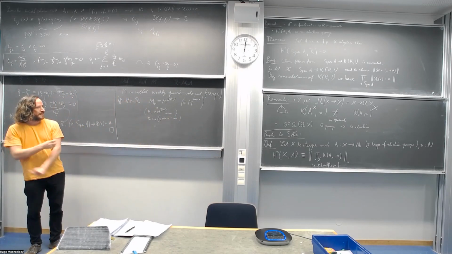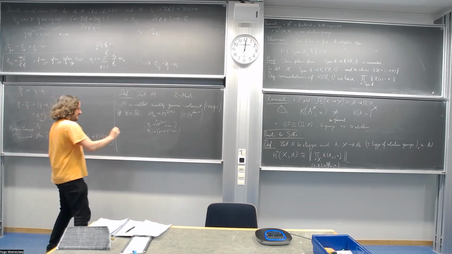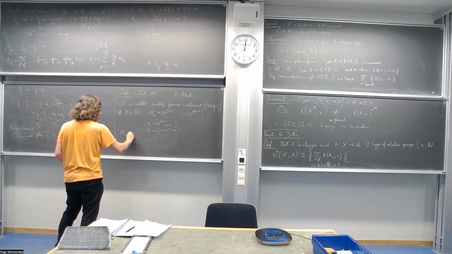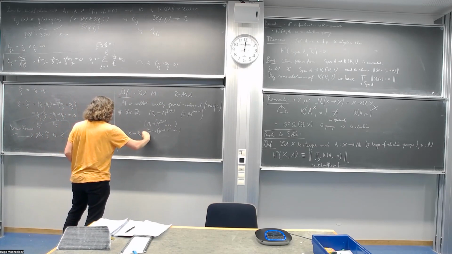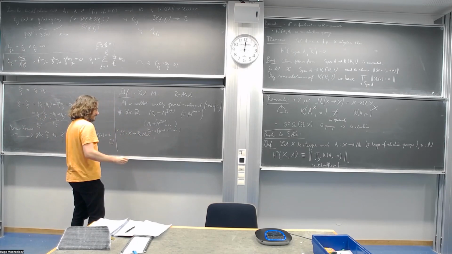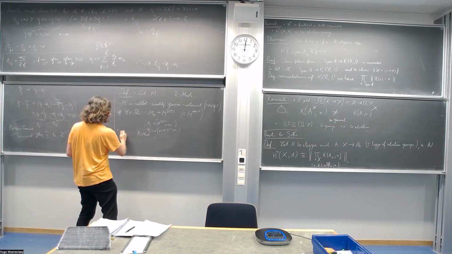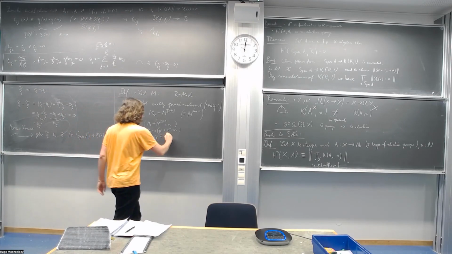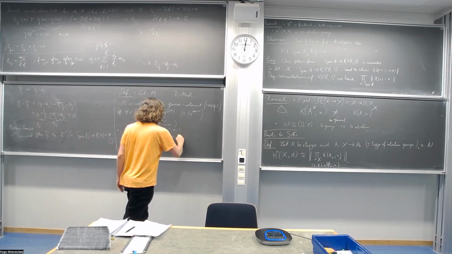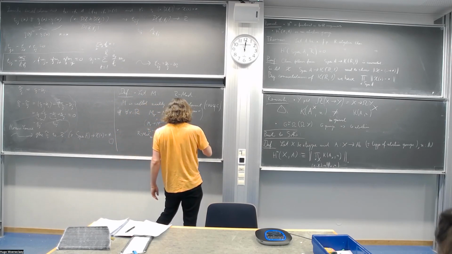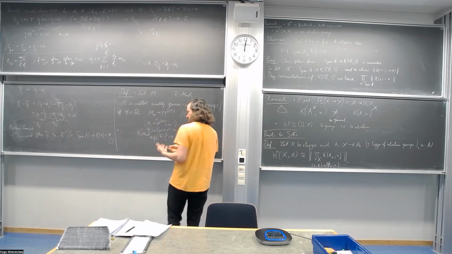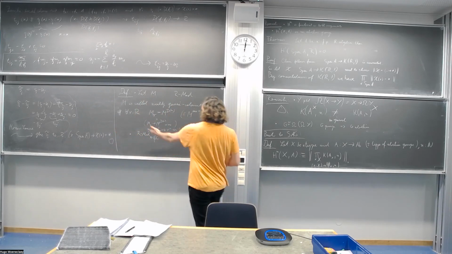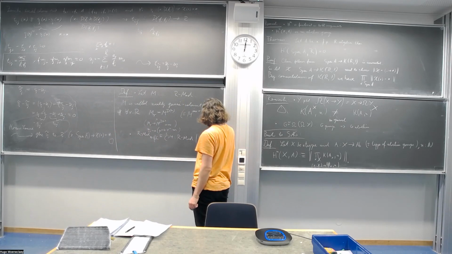Analogously, we call it M from X to the type of WQC modules. When we want a bundle of WQC modules, we would just ask for this property pointwise.